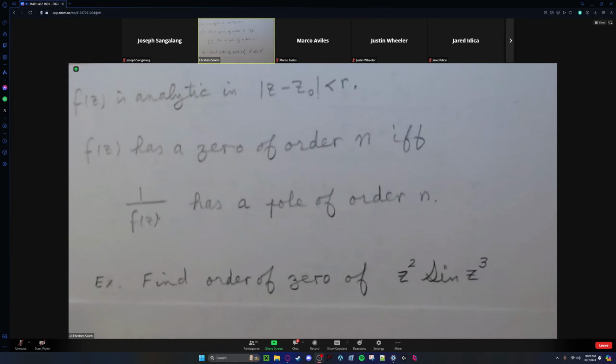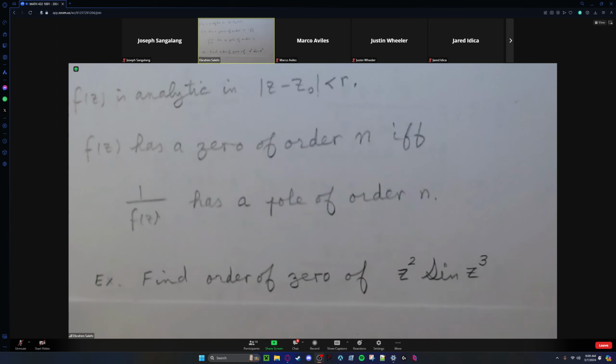Okay, here's an example: z squared times sine of z cubed. It says find the order of zero of this function.